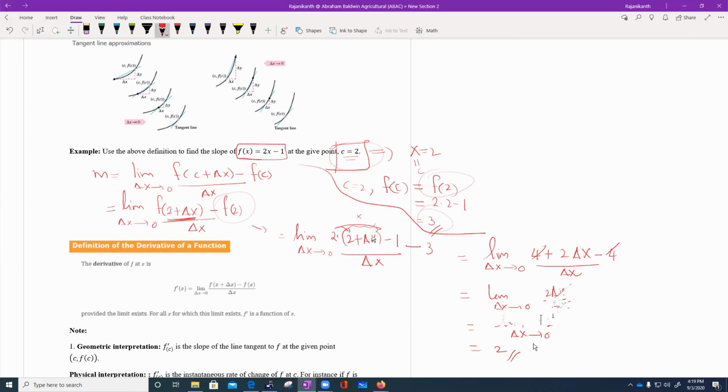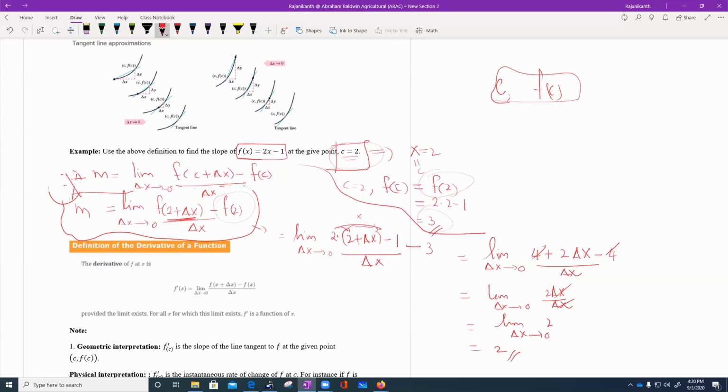The slope is also 2. What I want you to understand is this: if you want to find the slope by using the definition, you have to find the limit value of f of c plus delta x minus f of c over delta x. Read the problem carefully, identify c, then find f of c.